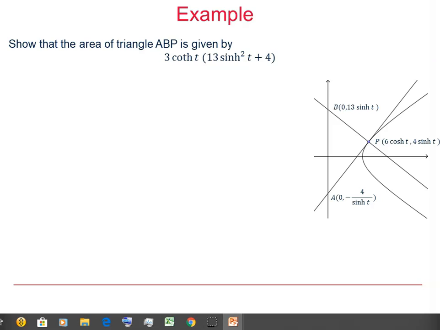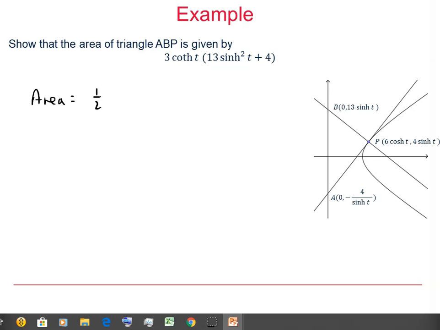So finally, we need to show that the area of the triangle ABP is given by the expression 3 cos t over sine t, times 13 sine squared t plus 4. Well, the area of a triangle is half the base length multiplied by the height. So the area is equal to 1/2.